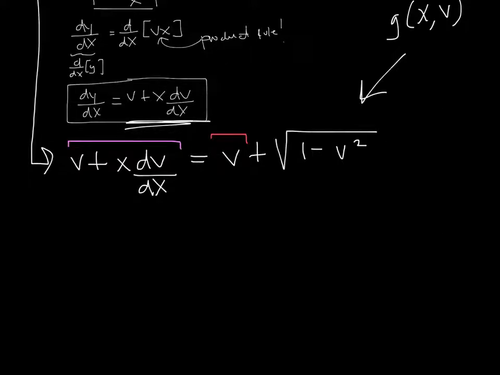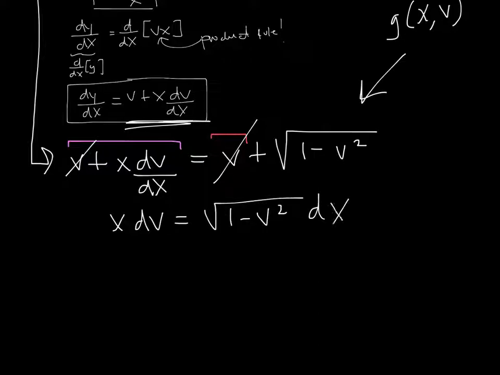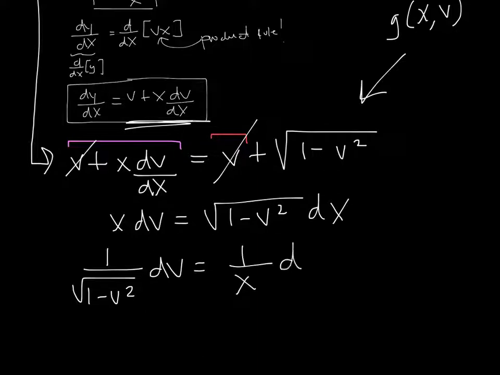I'm going to multiply both sides by dx, this is nice because my v's are gone, so that's going to give me x dv equals this. Then I can divide both sides by the square root of 1 minus v squared, and then I can divide both sides by x.